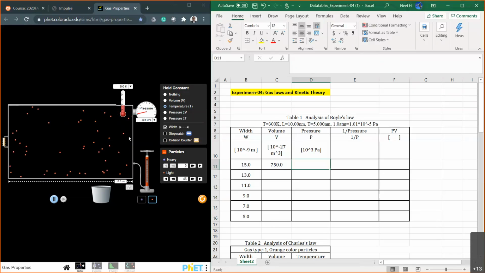One thing you have to do now, you can see this pressure is changing by fairly large numbers, okay? It's not really constant. Because of that, you have to stop this whole simulator. If you click on this icon right here, left hand side very lower, it has a play button.